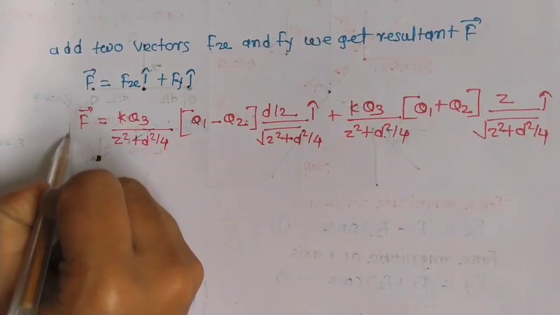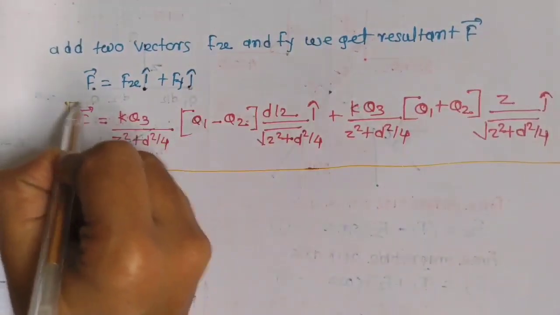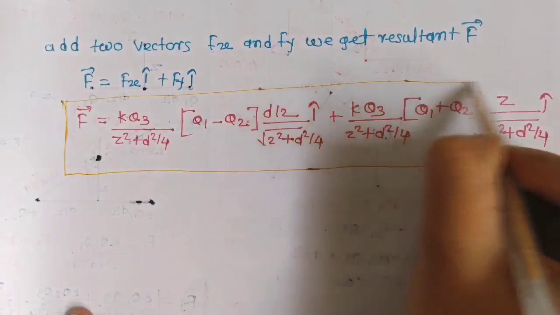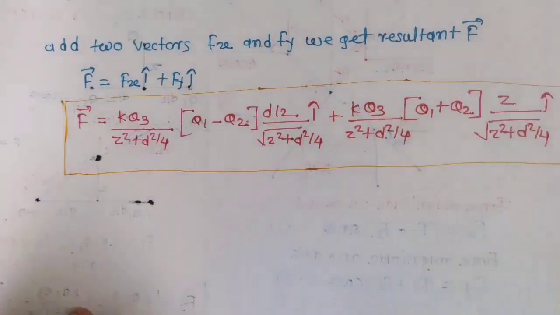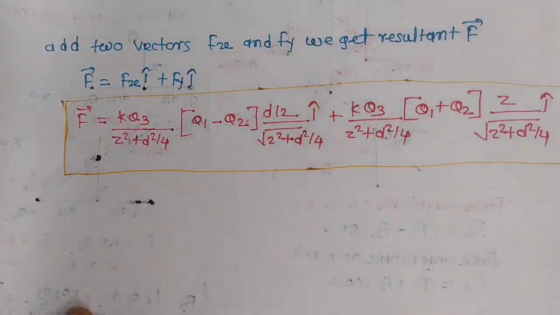So this is the resultant force or the net force on this charge due to the two charges q1 and q2. So in this way we can find the net force or resultant force.